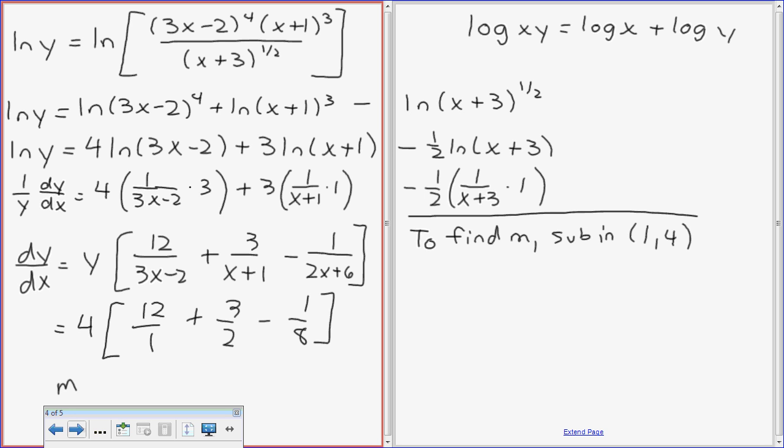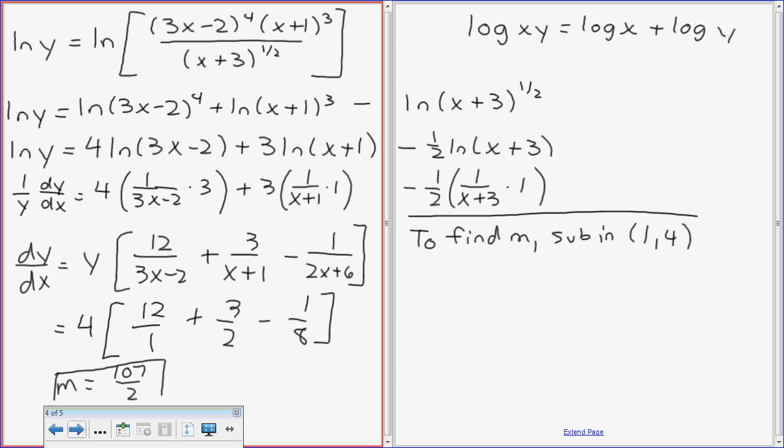So my slope is equal to, I can't actually do that in my head. I tried to make it work out nice, but it didn't quite work. 107 over 2? Yuck. Now, if your calculator doesn't allow you to do it that quickly, you guys should be able to, if you're in calculus, add 3 fractions and then times it by 4. Shouldn't be the end of the world.